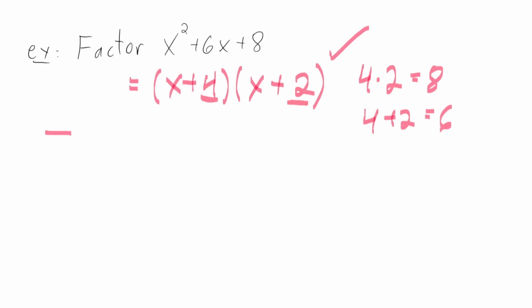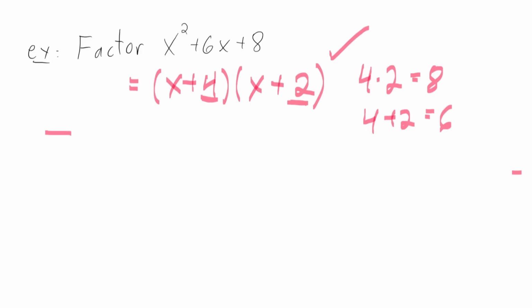So stop and think about that for a moment if you're not familiar with this concept. It's very important. Something you can always do to make sure you factored correctly is to undo it, to check your work by expanding what you just factored. So let's look at how that works here. So I have x plus 4 times x plus 2. I'll multiply this out using my order of operations.